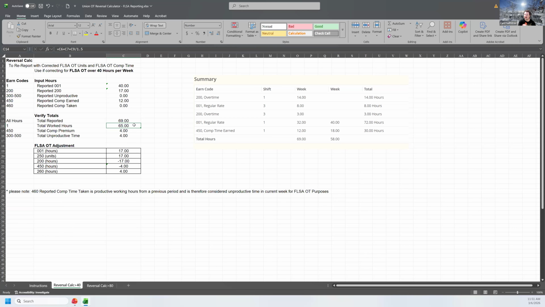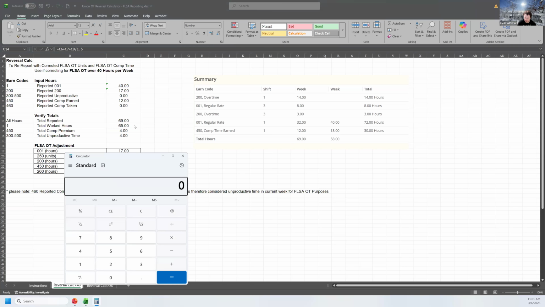So to get 12 hours of comp time earned, how many hours do you actually need to work? 8. The answer is 8. So you worked 8 hours that you are comping, and you multiply that by 1.5 to get to 12. So you didn't actually work those 4 hours between 8 and 12.